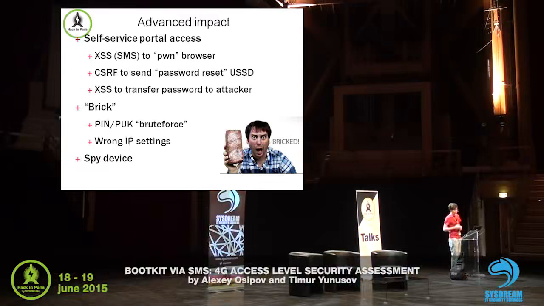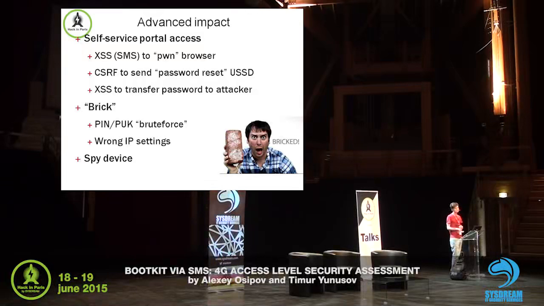Next interesting part was about a vector, how to get access to self-service portal with SMS. You send XSS with SMS, pwn the browser of the subscriber, then send USSD request to reset the password, intercept them with XSS, and get access to self-service portal.